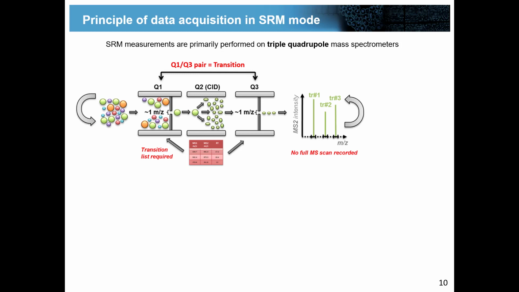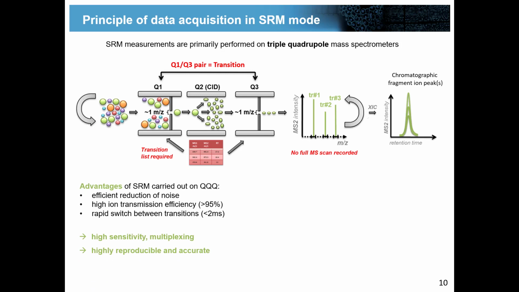But you do record these intensities continuously over the HPLC gradient that you apply, and that's why you can extract ion chromatograms from this type of data. You can follow how the intensity of a certain transition rises and goes down again over your HPLC gradient, and you can use the peak area or the peak height of these chromatograms to do quantification, this type of analysis that Sue just explained.